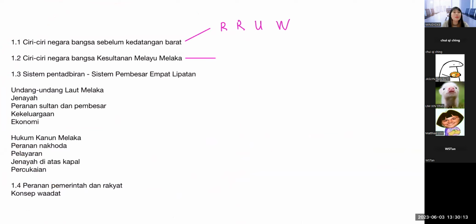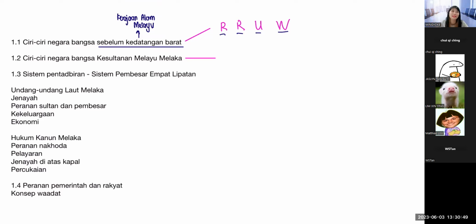Sebelum kedatangan Barat means that we are under Kerajaan Alam Melayu. Form 2, you all keep on learning the same thing: Funan, Champa, Kedatuan, Kan Kanagara, Sriwijaya, you know all those? Yeah. So, Kerajaan Alam Melayu. According to ciri-ciri negara bangsa, Kerajaan Alam Melayu or sebelum Barat, we are R-U-W.